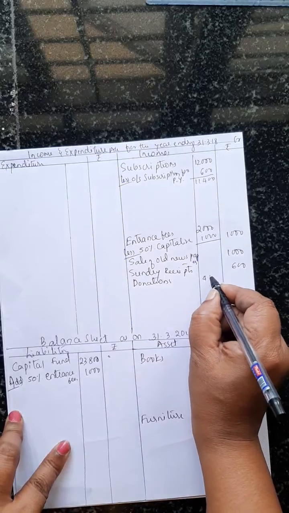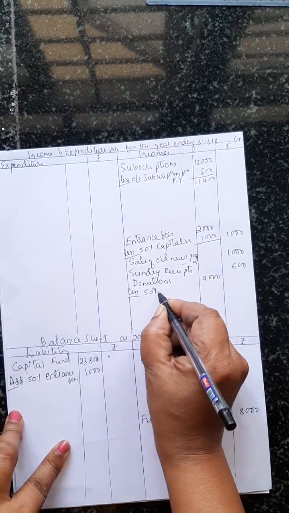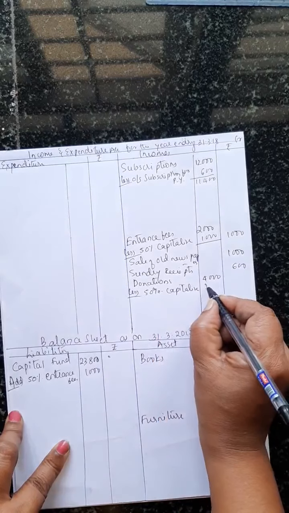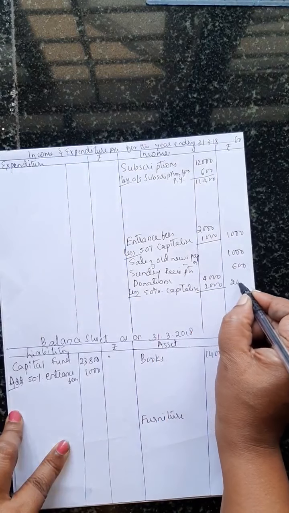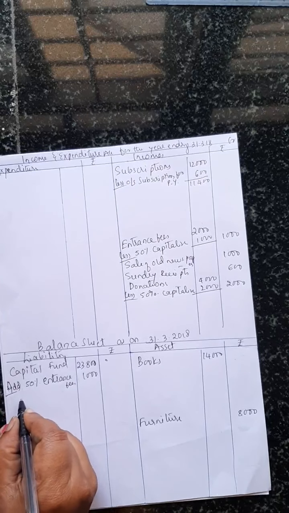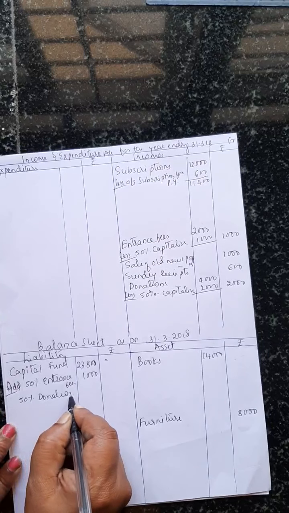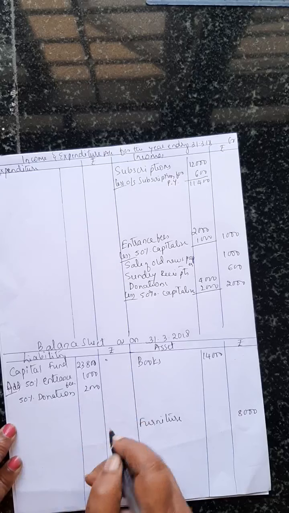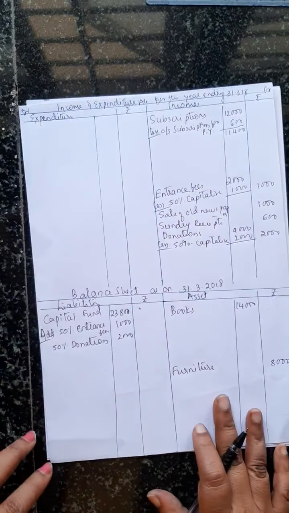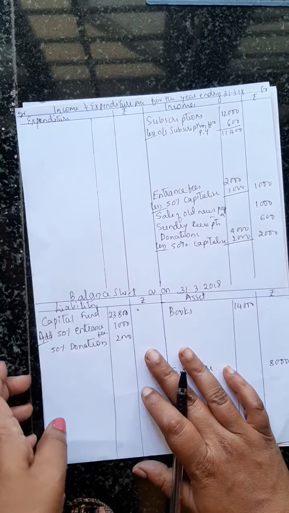Here it is 4000, less 50% capitalize 2000. So 2000 is revenue, and this capitalized amount, add, in the list there is 50% donations 2000. Don't add this now, other things are there to add. So on the receipt side we have written everything.